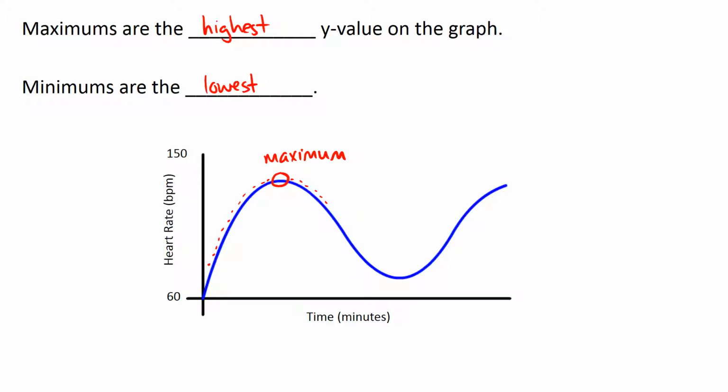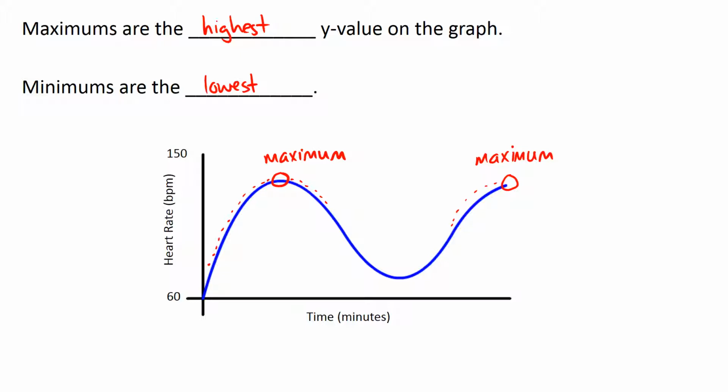Then the graph dips down to a bottom and then begins to rise again. Well, at this other point where the graph rises, this is actually another maximum. So even though the y value at one of those points might be a little higher than the other point, they're both maximums in their areas of the graph.